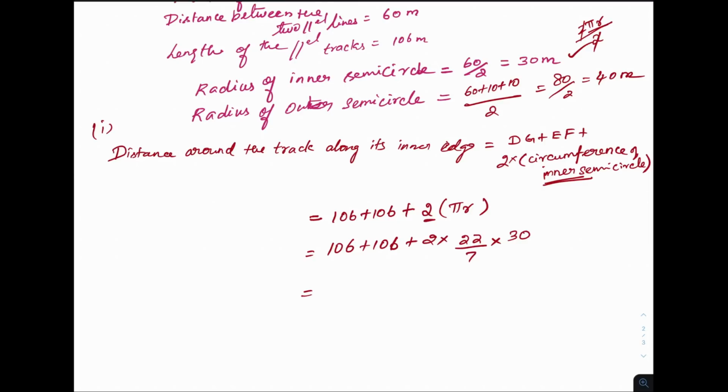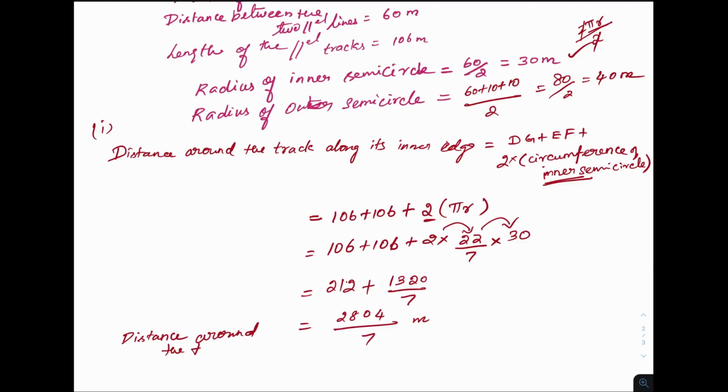So this will give 212 plus, when you multiply all these, 2 into 22 into 30 gives 1320 divided by 7. You can take LCM. So when you multiply this and add, we'll get 2804 by 7 meters.